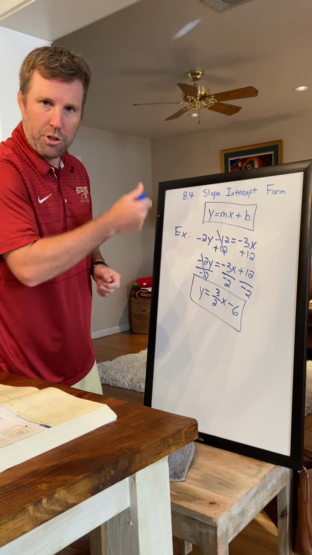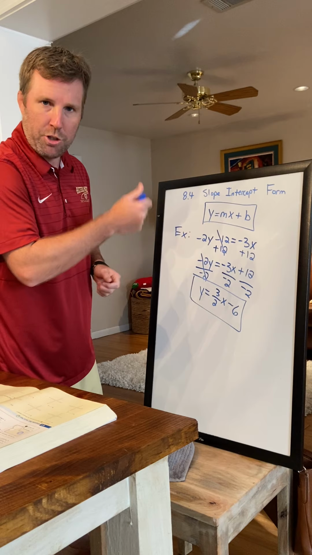Now, this is something a little bit different that you need to pay attention to. There are two terms on this side. So if I divide the left side by negative 4, I also need to divide the right side by negative 4. But there are two terms on the right side. You have to divide both of those terms by negative 4.